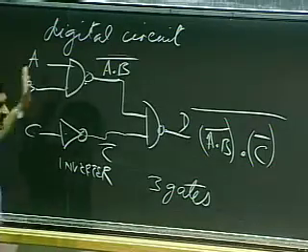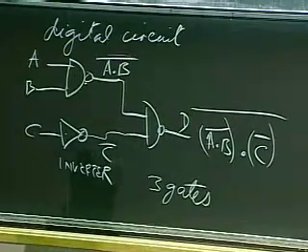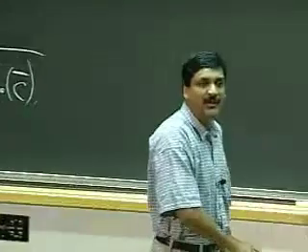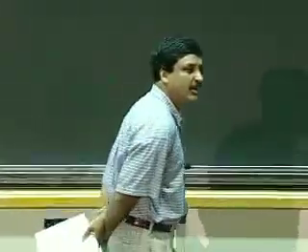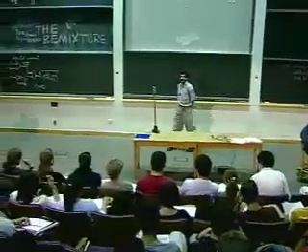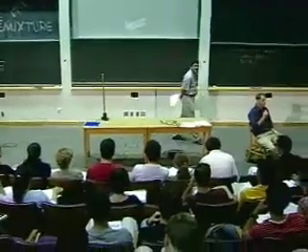So you can think of building very complicated circuits containing large numbers of gates. In fact, the microprocessors that you use in your laptop contain a large number of gates. So can someone guess how many gates are in the Pentium 4? Roughly, to within approximate.